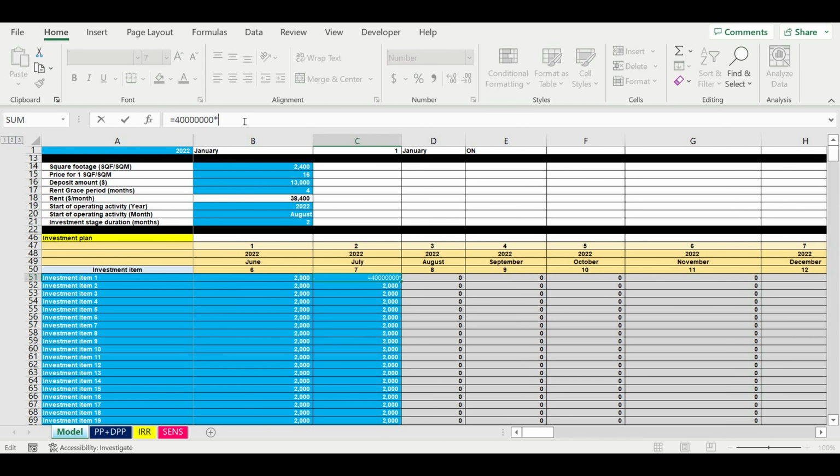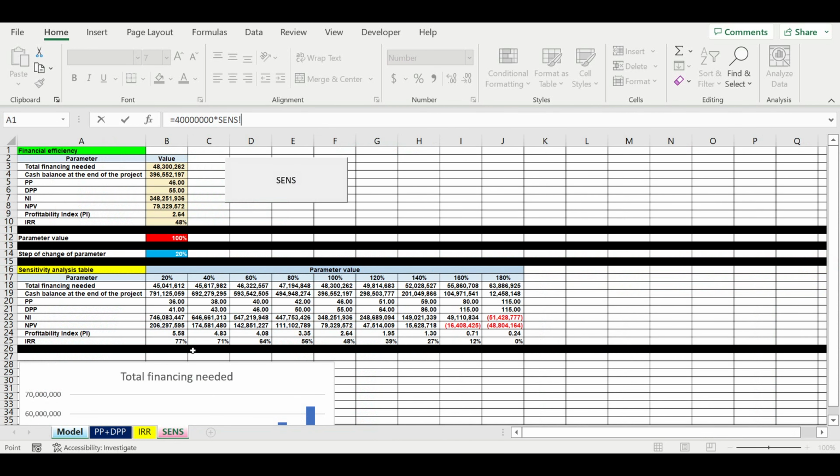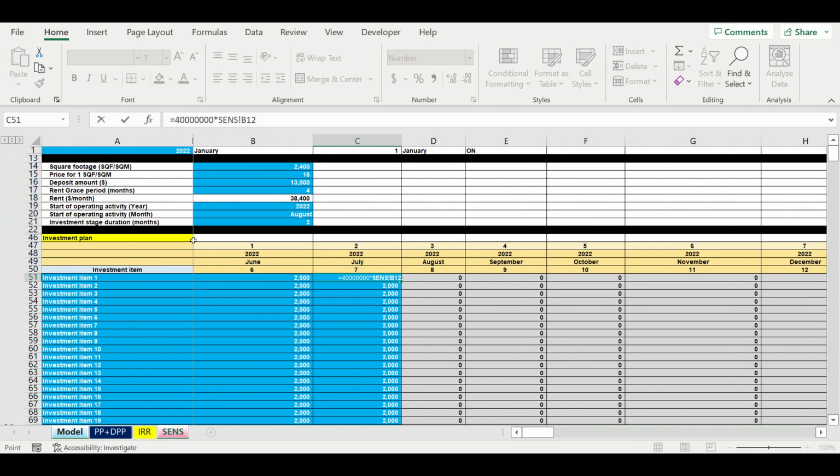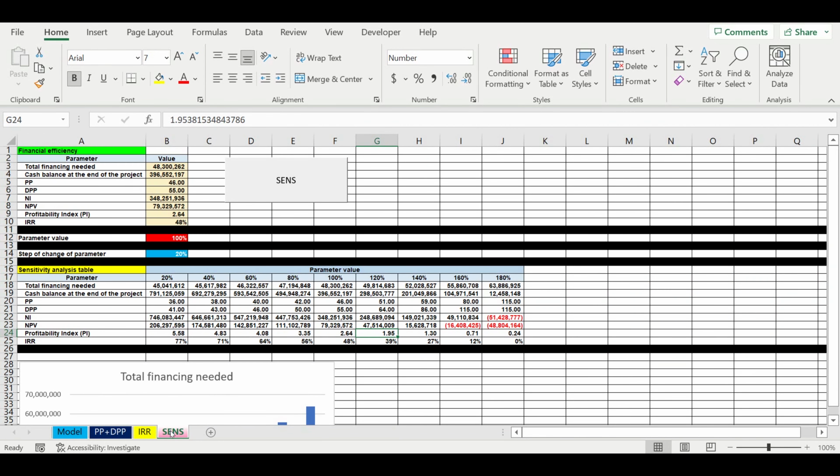I don't know, but there is a specific investment item which will seriously play a part in our business idea, and we would like to know what will happen if this specific expense line will grow or decrease. So I will add this coefficient to this line, to this input, press enter. So now this coefficient is added. Then I go back to sensitivity analysis and press the sense button and see what will happen.